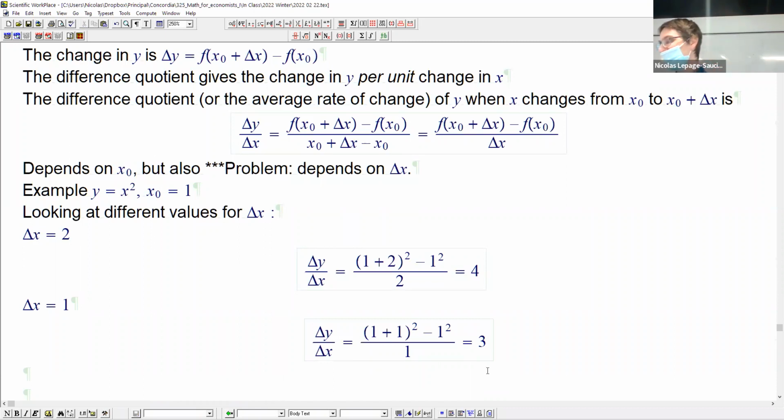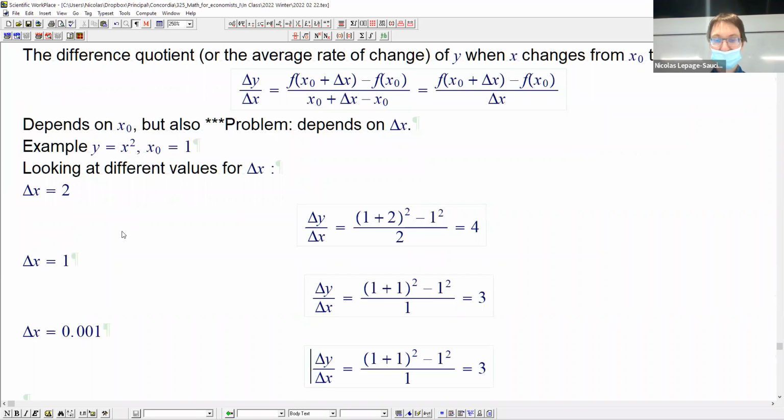And of course, the goal is to go as small as possible. So let's look at delta x equals 0.001. Why do we want to go as small as possible? Because f is nonlinear. What does it tell me to say that from 0 to x equals 100 this was the change? It might be interesting, but really what we want to know is how fast the function is changing at some point, and for this I have to be as precise as possible.